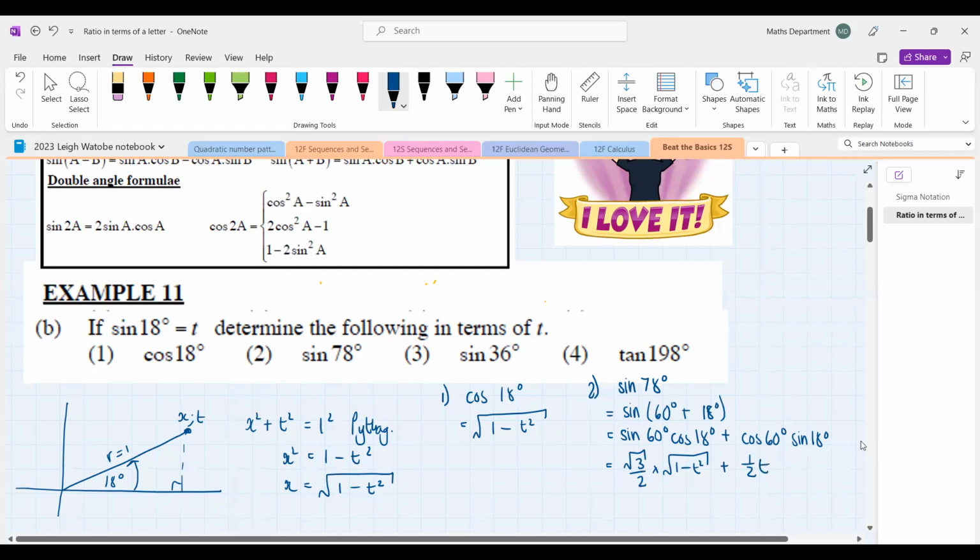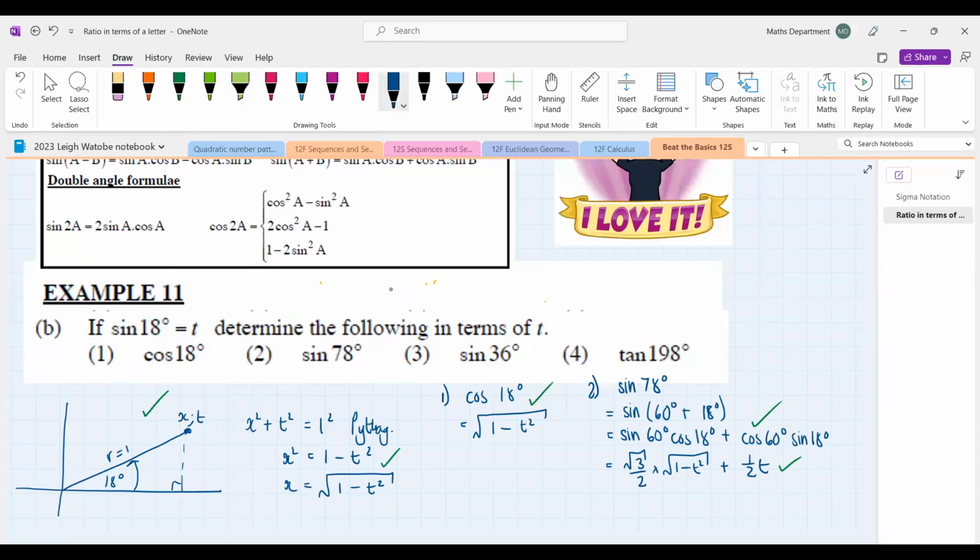Okay, you don't need to simplify that any more than it is. You can if you want to, but you would get full marks at this stage. Incidentally, where would we get our marks here? So diagram, Pythagoras, answer. Here it would be for our compound angle and for our answer.